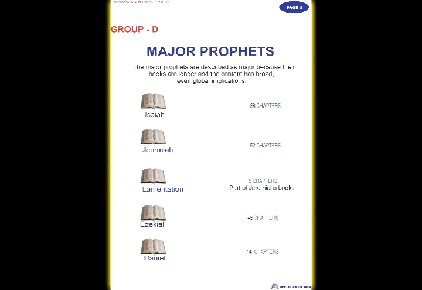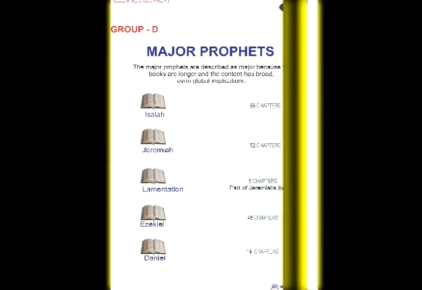So it is the volume that makes them major, not because they are bigger than the minor prophets. It's because of the content and the volume of their writings. So there are 5. The first one is Isaiah, which has 66 chapters. Jeremiah has 52 chapters. Lamentations has 5 chapters. Ezekiel has 48 chapters. Daniel has 14 chapters.